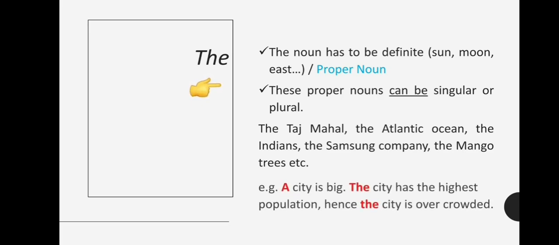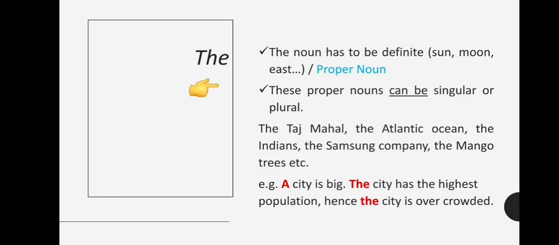Now let us see forward. For example, if I am talking about any one thing, when starting, I am going to use "a" or "an" depending upon the sound of it. But when we continue to talk about the same thing, that is precisely we are talking about it, hence we are going to put "the".